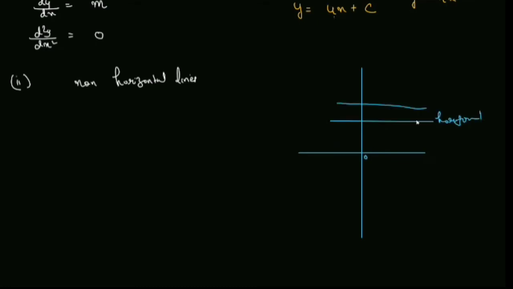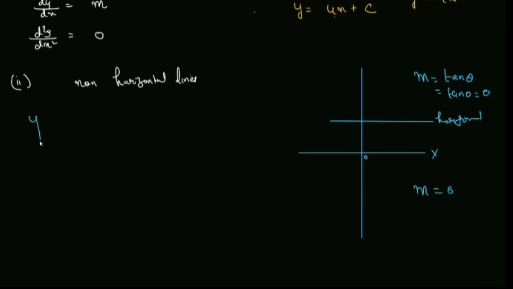Whenever a line is horizontal, what will happen to the slope? m will be 0 because the angle made by this line with the x-axis is 0. m is tan theta, where theta is the angle made by the line with the x-axis. So tan 0 is equal to 0, so m is 0.